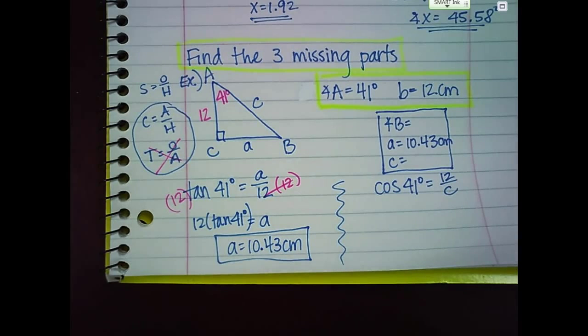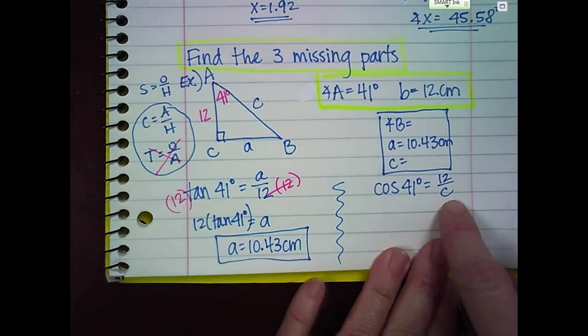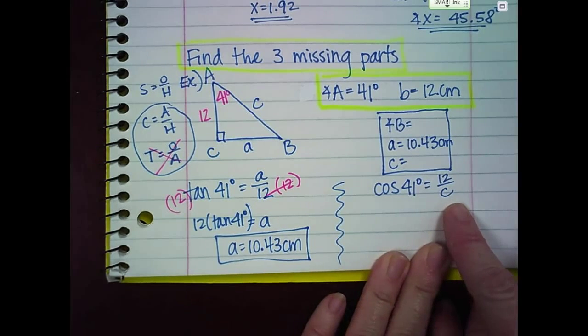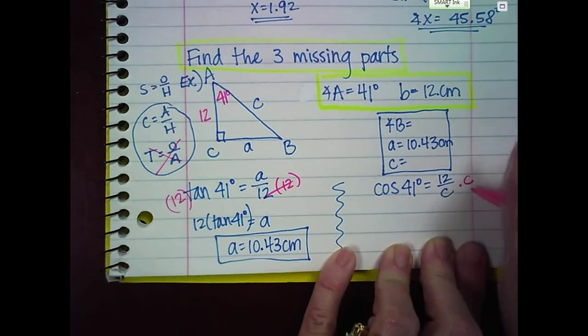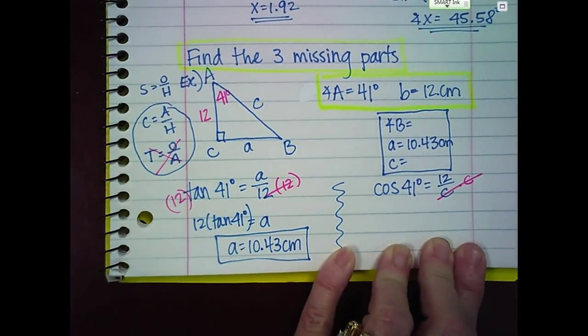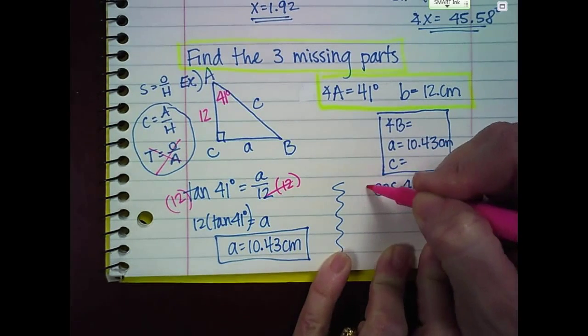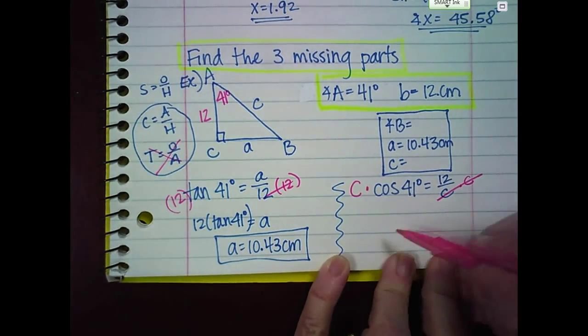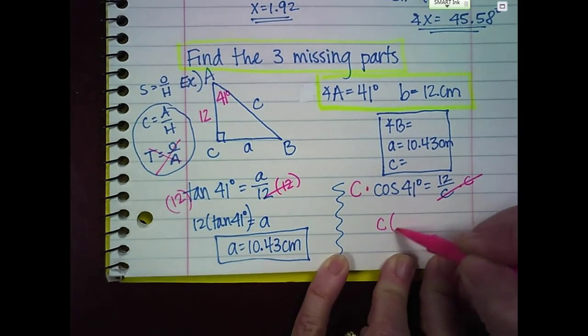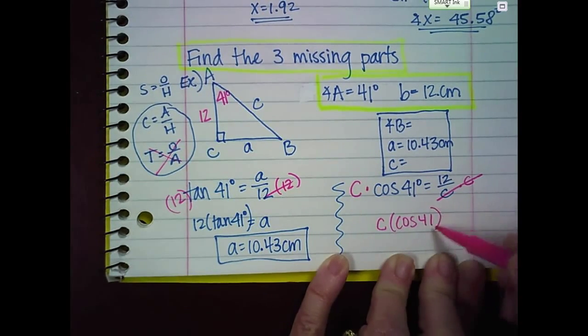You've got to get C free. Watch and take good notes on this problem. When the missing side is in the denominator, it's harder. So mathematically, you're going to multiply both sides by C. Because look, it cancels, doesn't it? You multiply this side by C. So now I have C times cosine of 41 equals 12.